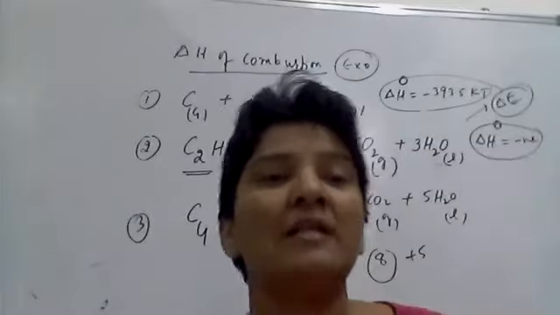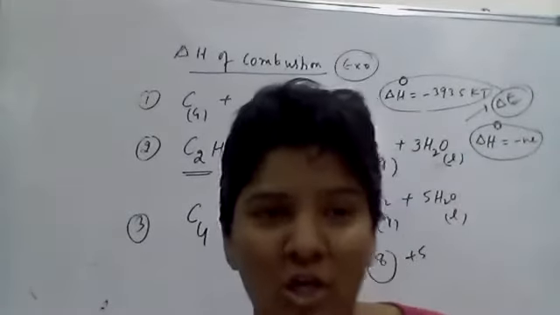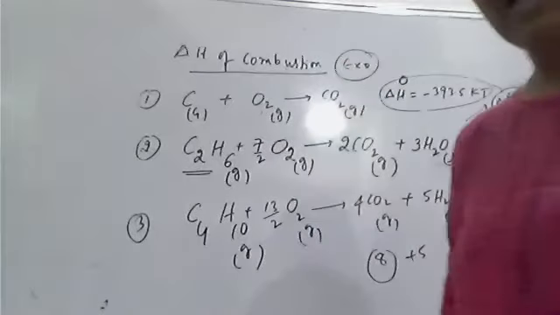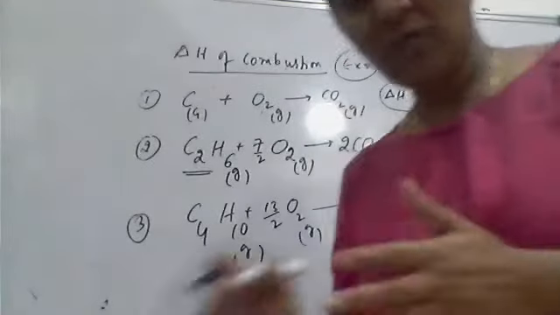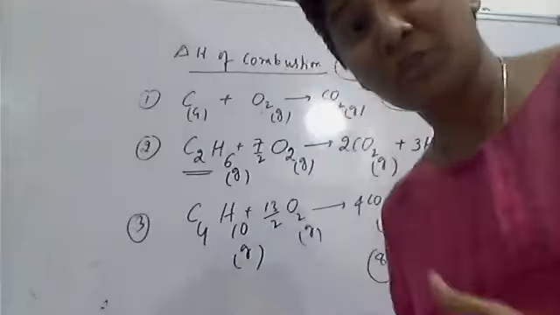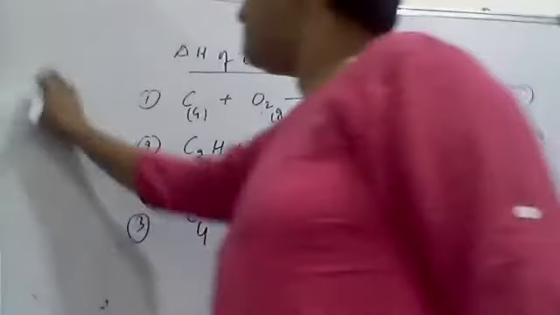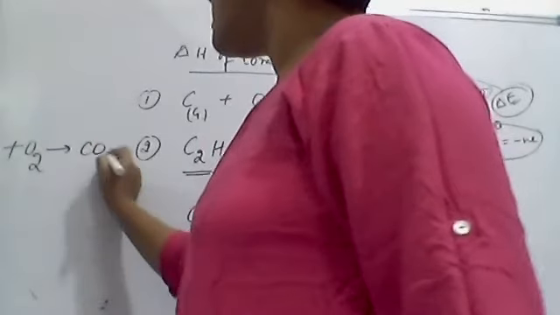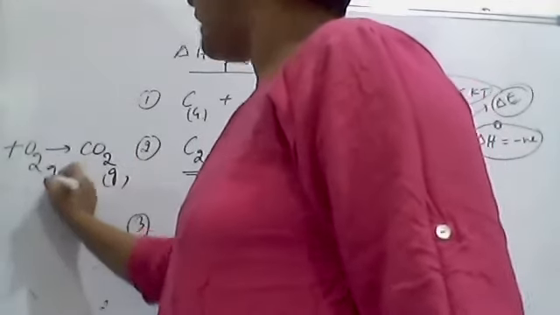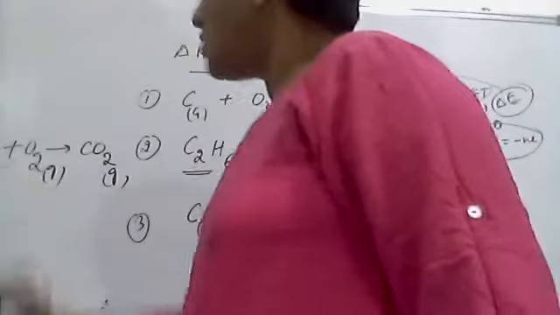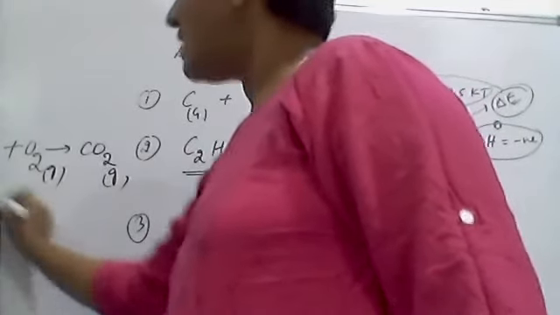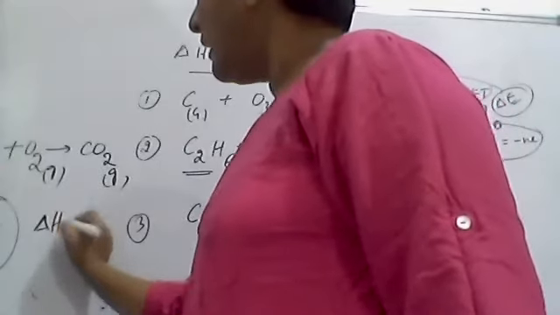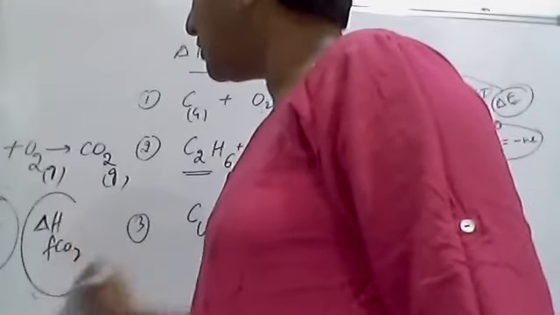And carbon is combusted. So here three types of reactions are there: carbon to CO2, formation of CO2, combustion of coke. When coke is burnt to CO2, if we take graphite, the heat change is called heat of reaction, and since CO2 is formed, it is called heat of formation of CO2.